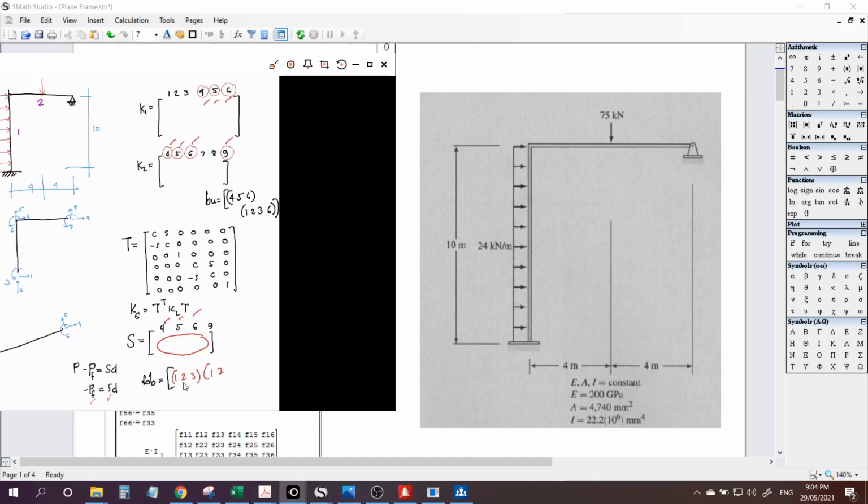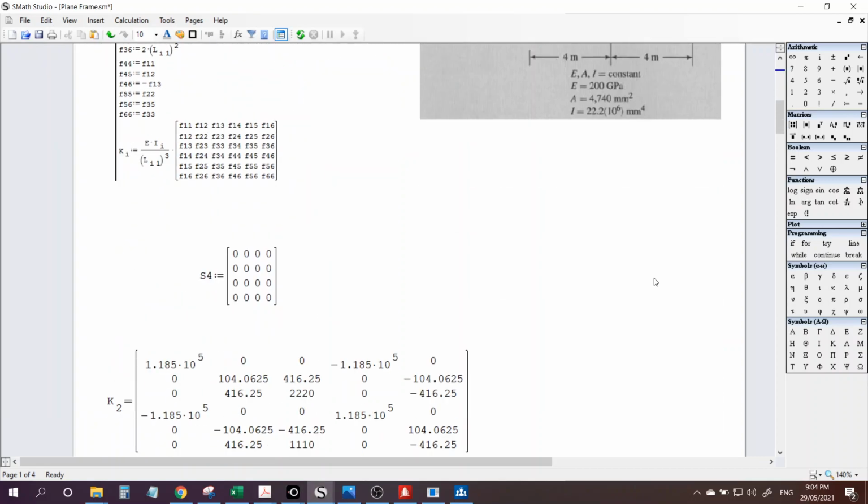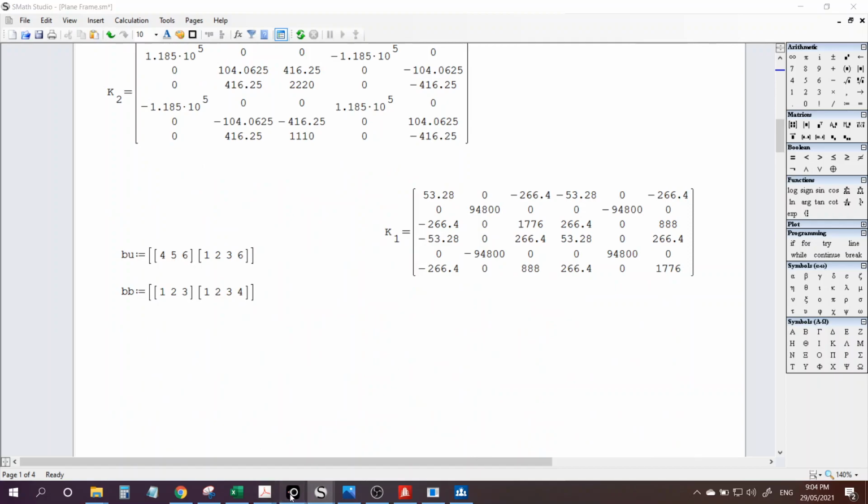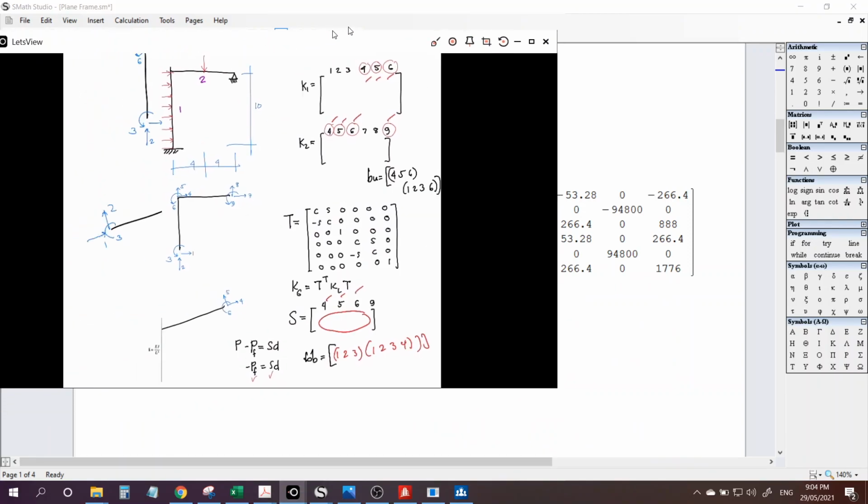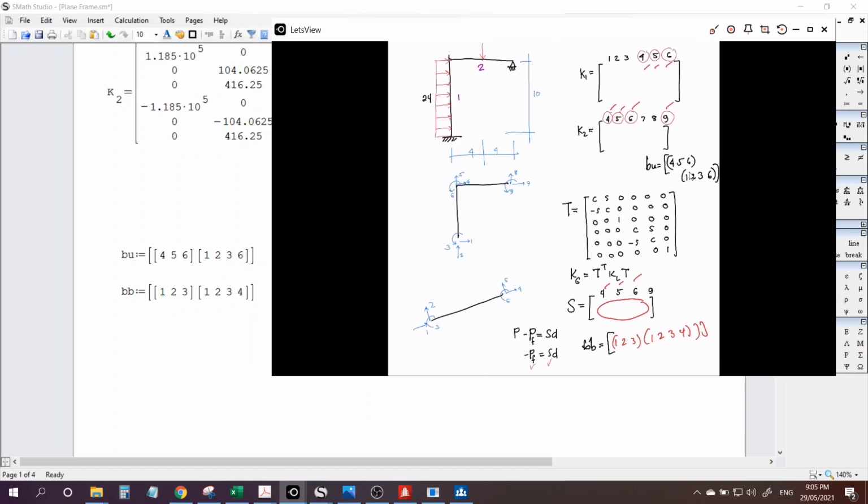So 1, 2, 3, 4. So when you look at my BU and BB, that is consistent. BU: 4, 5, 6 and 1, 2, 3, 6. For the BB: 1, 2, 3 and 1, 2, 3, 4. So we're done with BU and BB matrix.